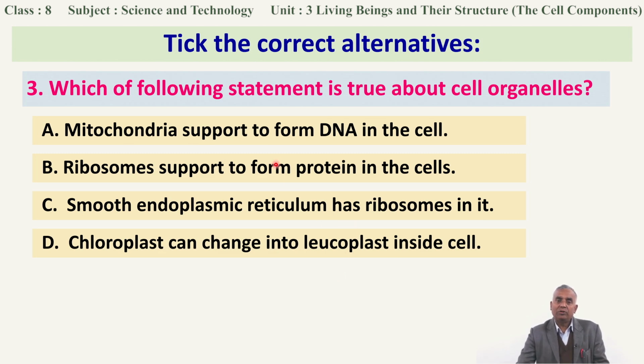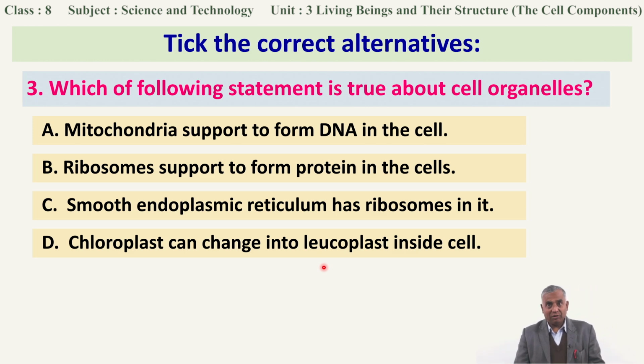Next question is, which of the following statements is true about cell organelles? Mitochondria support to form DNA in the cell. Is it? Ribosomes support to form protein in the cells. Is it true? Think once. Smooth endoplasmic reticulum has ribosomes in it or on it. Chloroplast can change into leucoplast inside the cell.